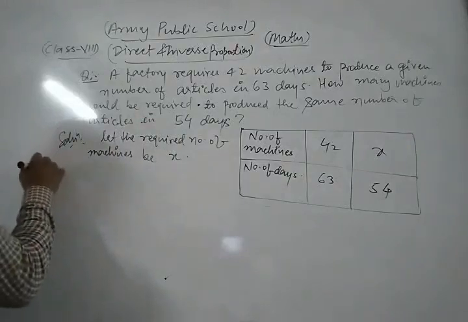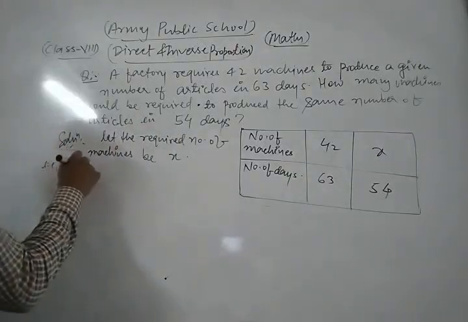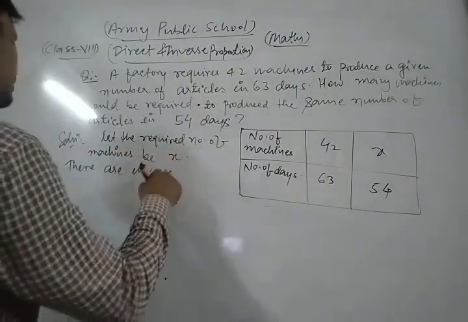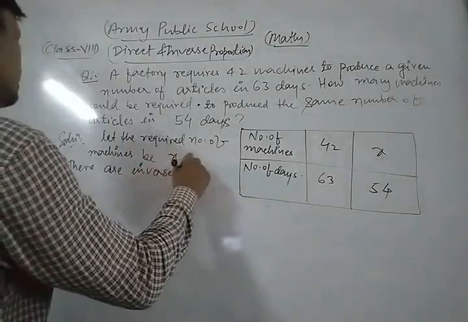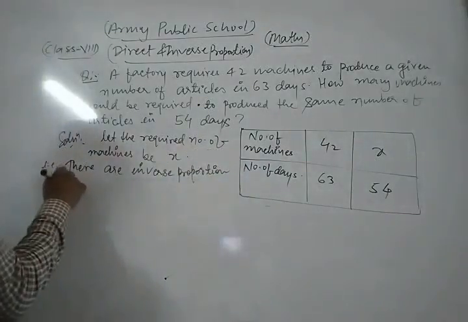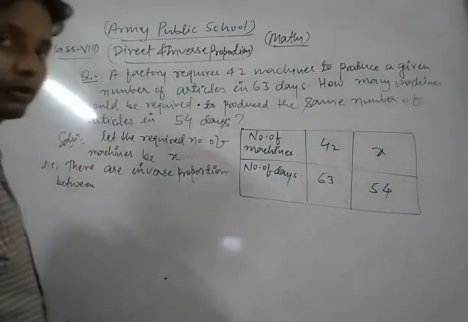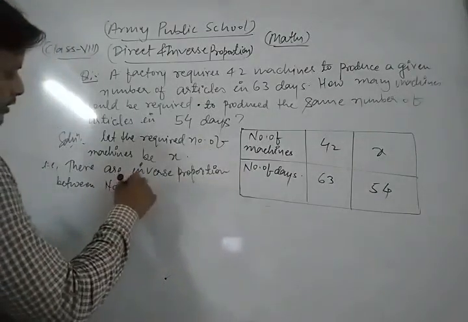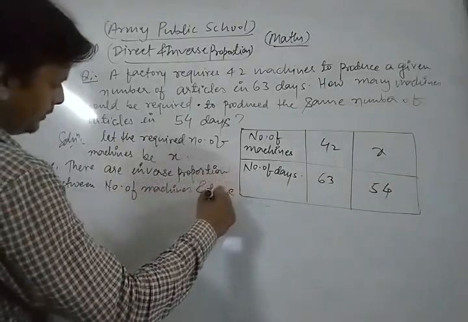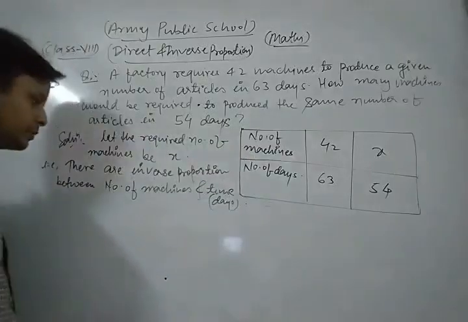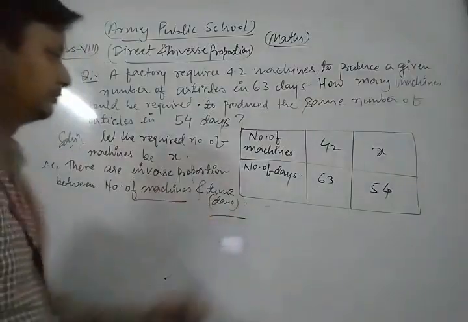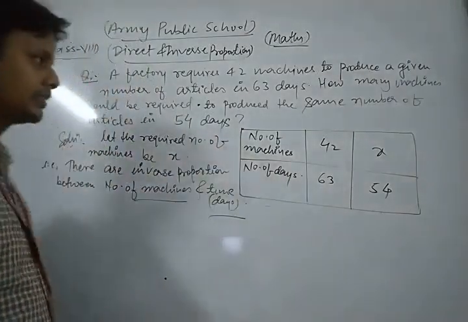Here there are inverse proportions between the number of machines and time in days. Okay, there are inverse proportions between number of machines and time in days.